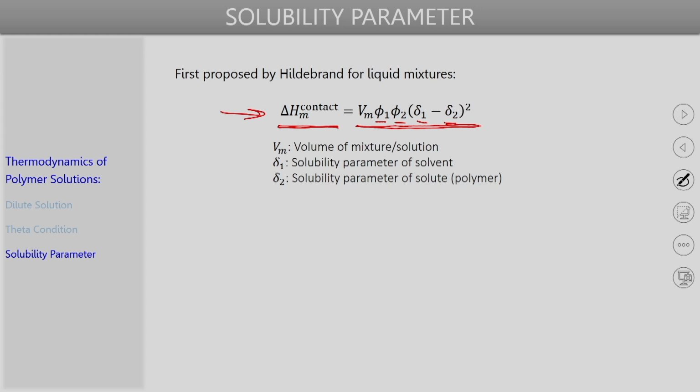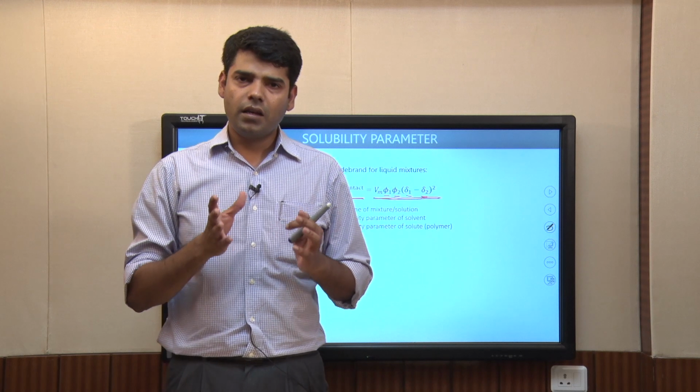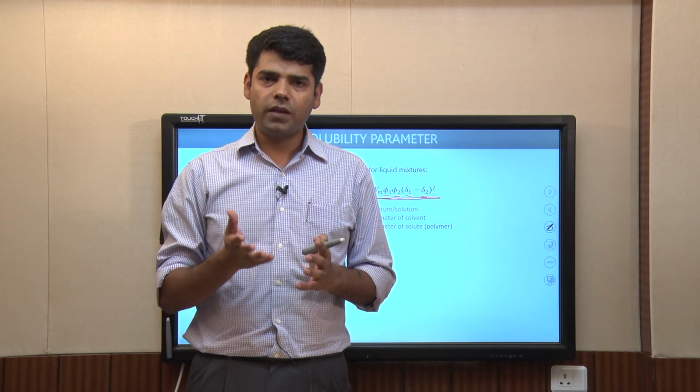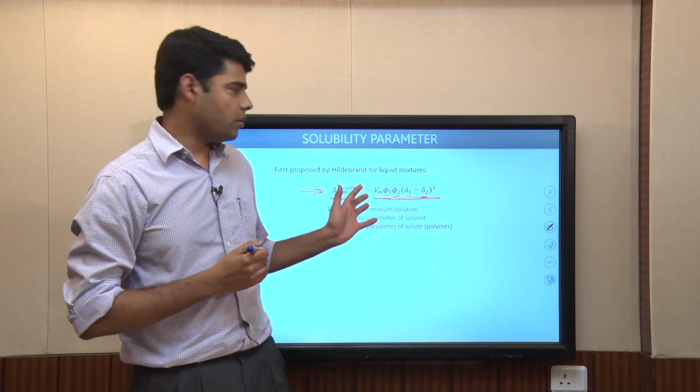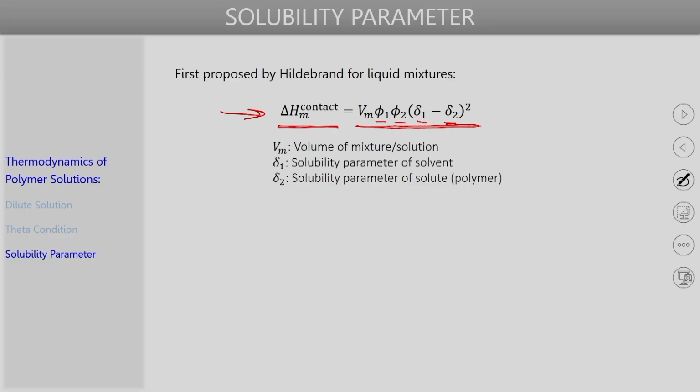Again, the convention that we have been using is that subscript 1 denotes the solvent and subscript 2 denotes the solute or the polymer. So, here delta 1 is the solubility parameter of the solvent and delta 2 is the solubility parameter of the solute.